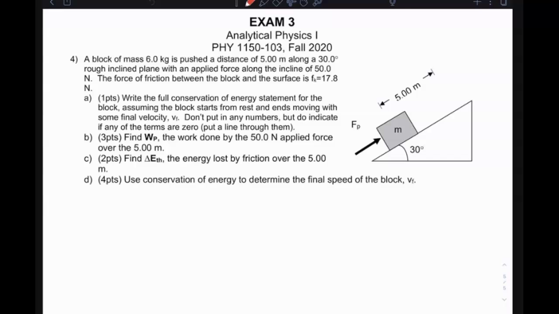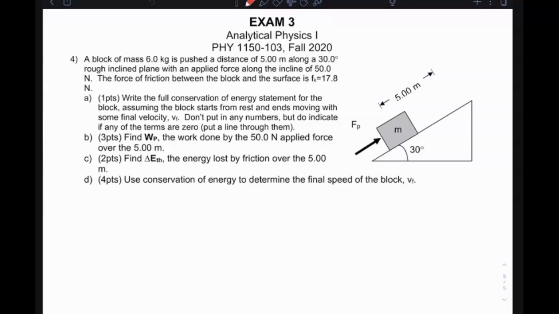The force of friction between the block and the surface is F sub k equal to 17.8 newtons.